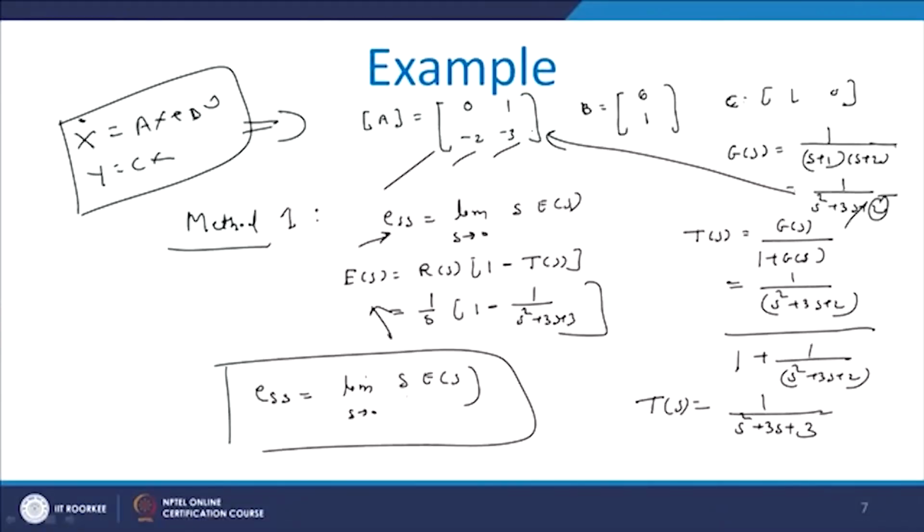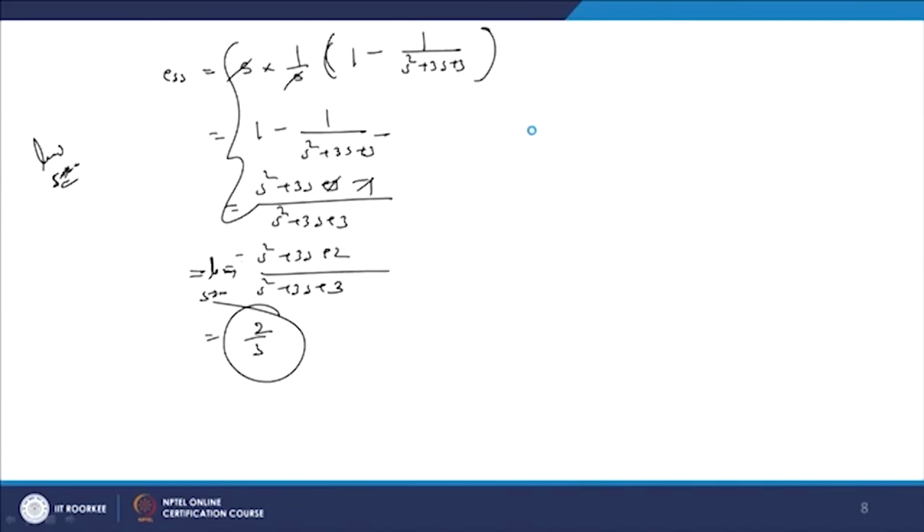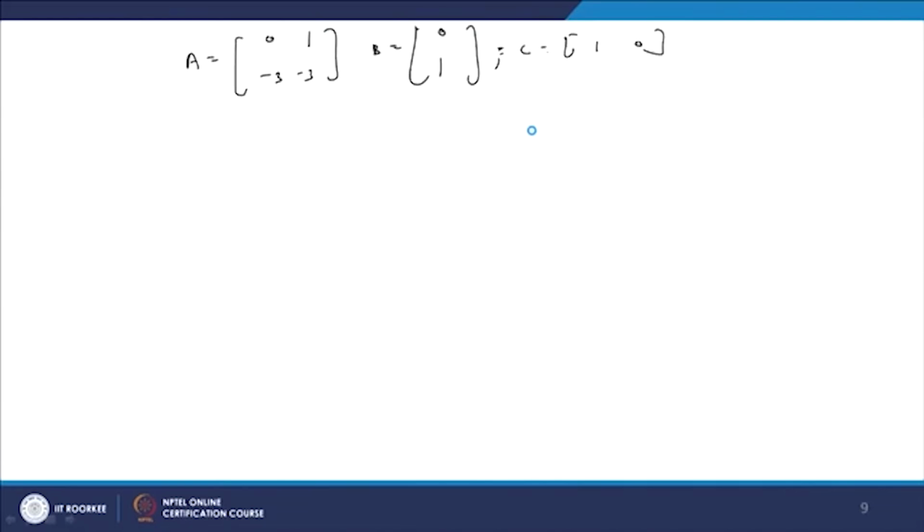Now, the same example we are taking: A equals [0 1; -3 -3], B is [0; 1], C is [1 0]. Now, A, B, C is there, but you will find that the A which we have taken earlier is [0 1; -2 -3], whereas here we are taking A as [0 1; -3 -3].